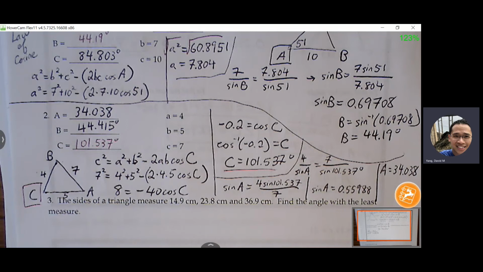If the work is correct, yeah, the work is correct. My jacket. Okay, so we're good.